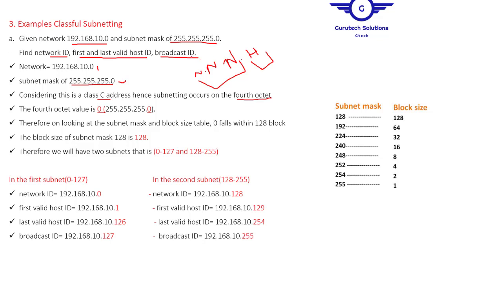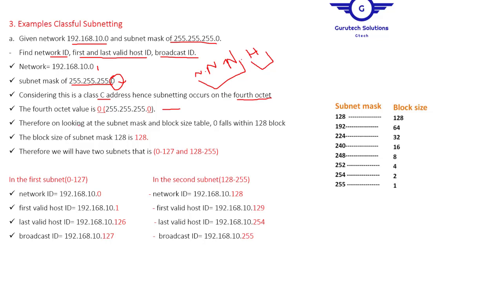So considering that this is a class C address, subnetting occurs on the fourth octet where there's the host portion. Subnetting only occurs on the host portion, or not necessarily. It depends on the question. And the fourth octet value is 0.